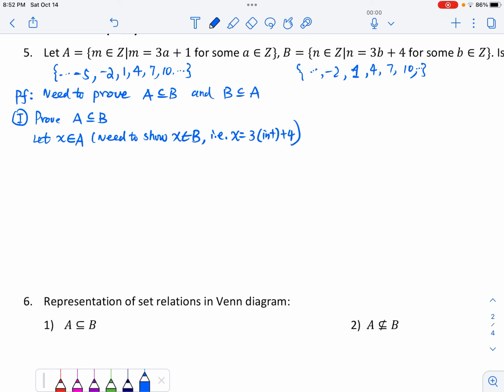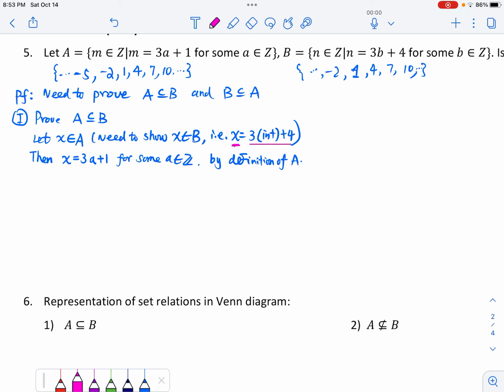Now, because x is from A, by the definition of set A, x can be written as 3 times integer a plus 1 for some a in Z. Now, you want to show that this x can be written as 3 times some integer plus 4.